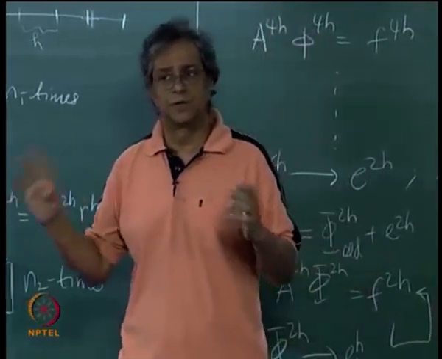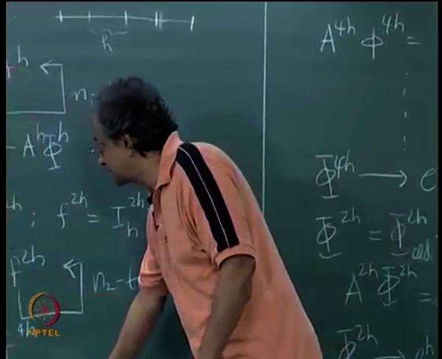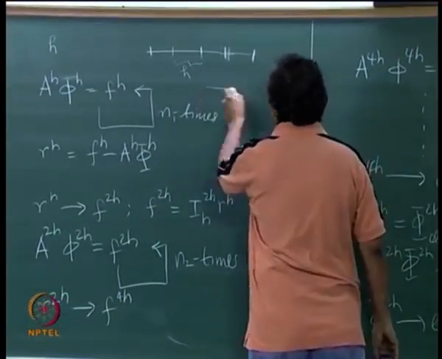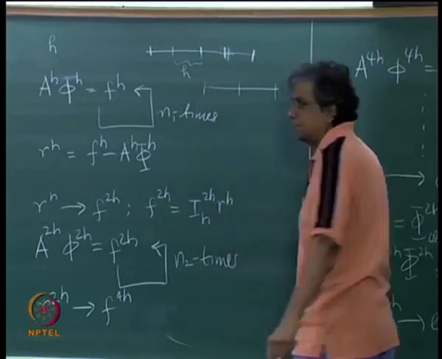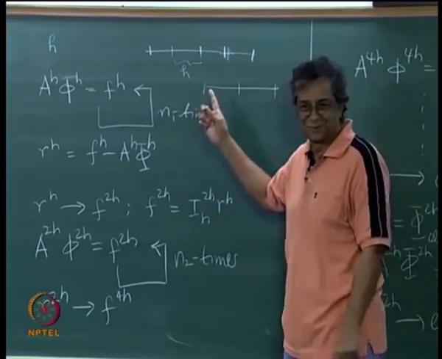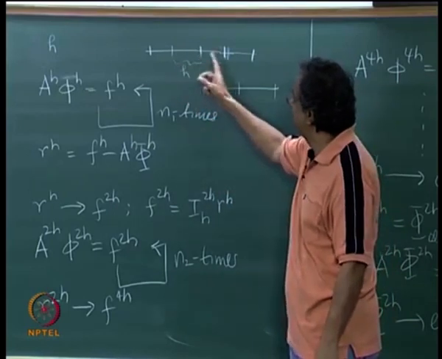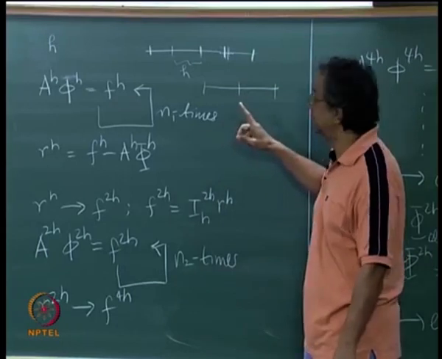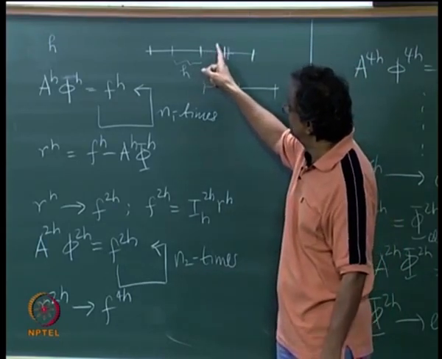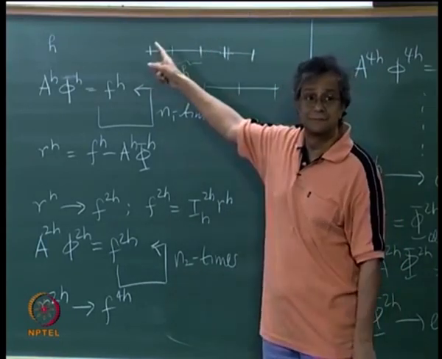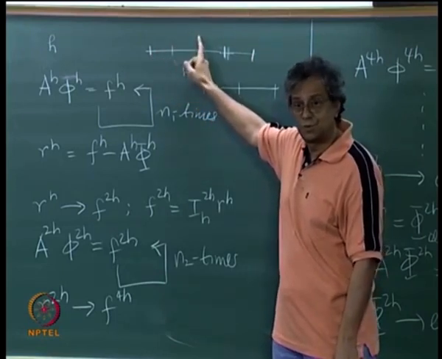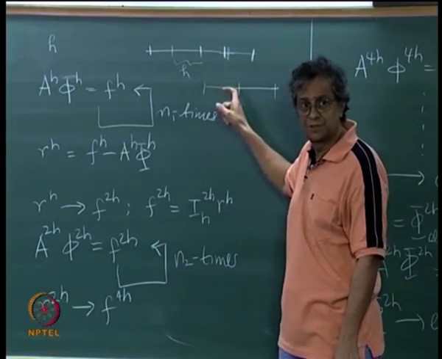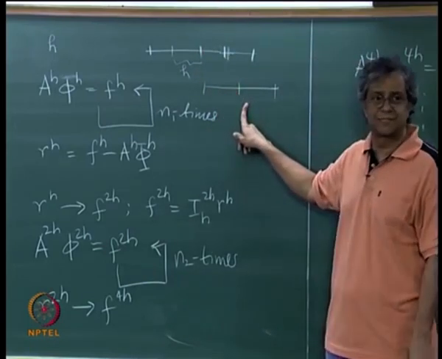So if I am going to go from this grid to a really coarse grid, maybe we should say something about grids first. If I go from 3 interior points to 1 interior point, it has only one unknown. Then I have to make sure that I have iterated enough on this that there is no component of the residue that I am going to transfer which has a frequency higher than what the coarse grid can represent.